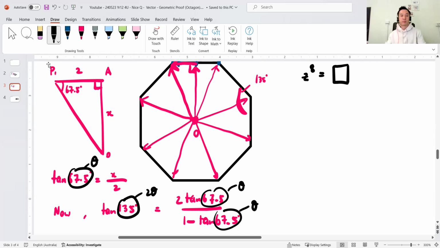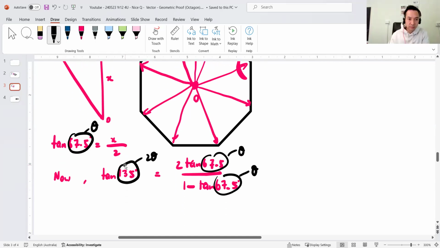So now I'm going to sub in. I know that tan 135 is going to be -1, that's in the second quadrant. 2 times, if I sub in x on 2, over 1 minus x on 2.